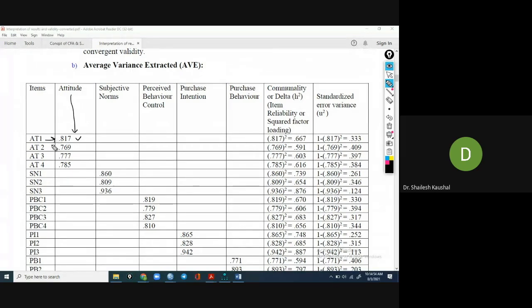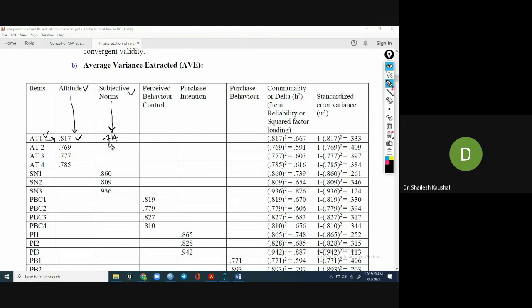Cross loading means when we obtain a high value with another construct as well, like 0.714. This attitude 1 variable gives a high value under attitude and a high value under the subjective norm, so we cannot decide whether it will come under this construct or that construct.